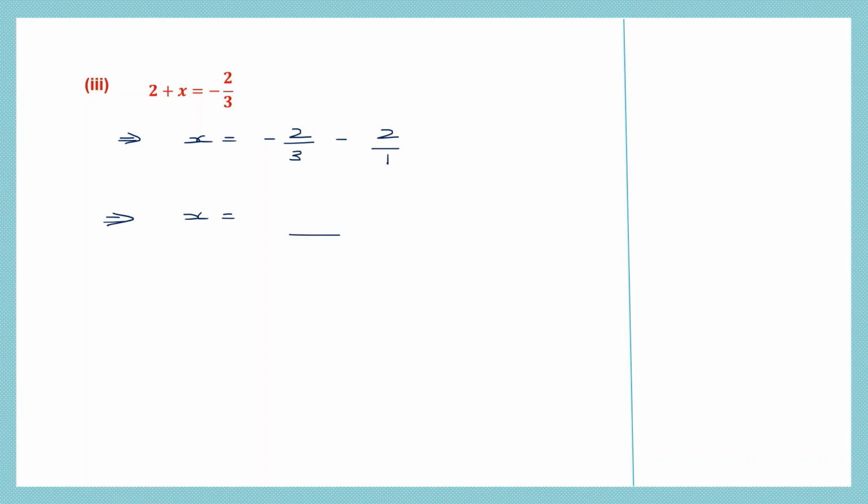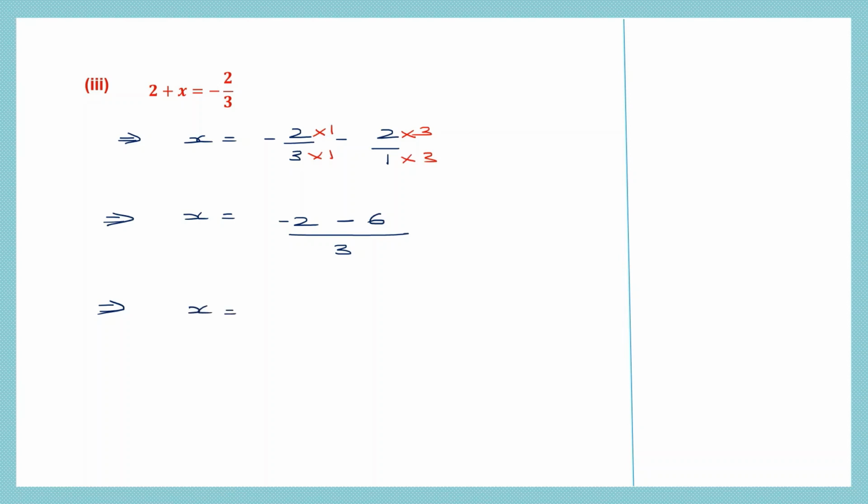So then it will have a common denominator which is 3. So the first denominator is 3. So 3 1s are 3. So minus 2 into 1 will be minus 2. Minus the next one, denominator is 1. 1 3s are 3, so multiply 2 by 3. 2 3s are 6. So now to find the value of x, x is equal to minus 2 minus 6.